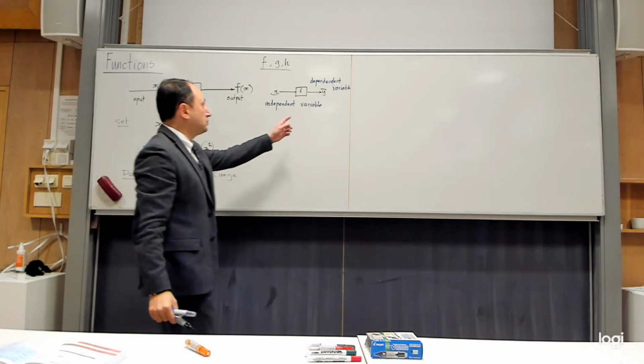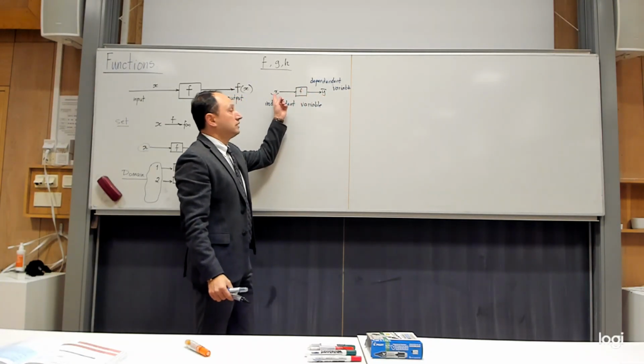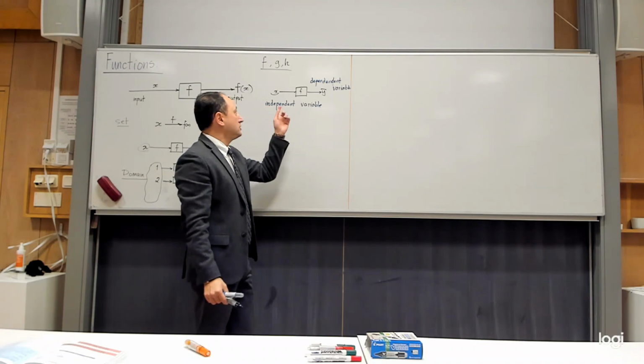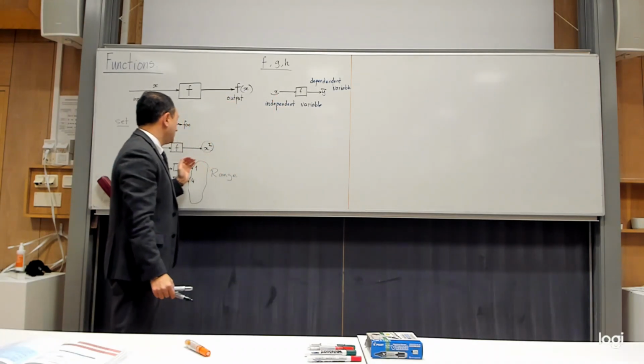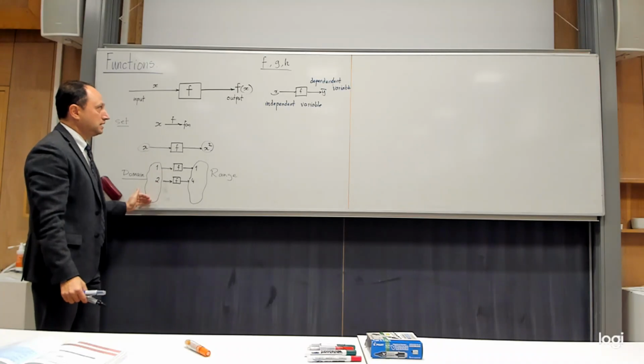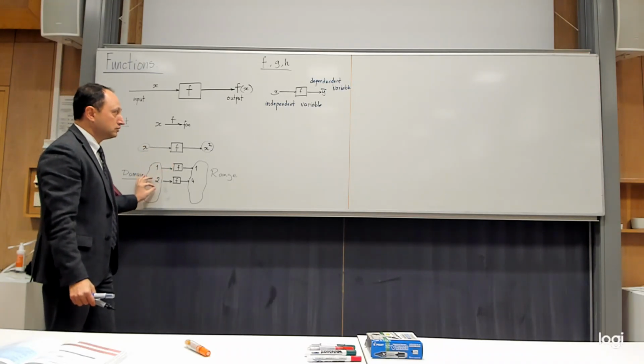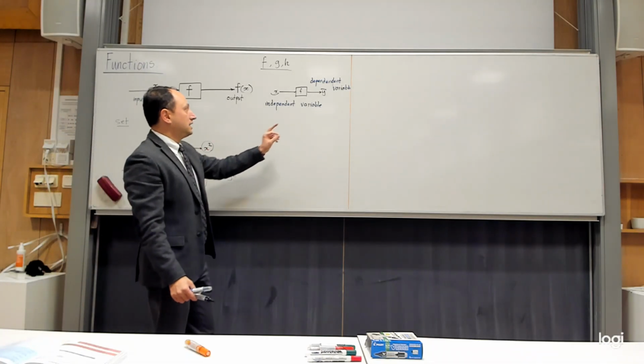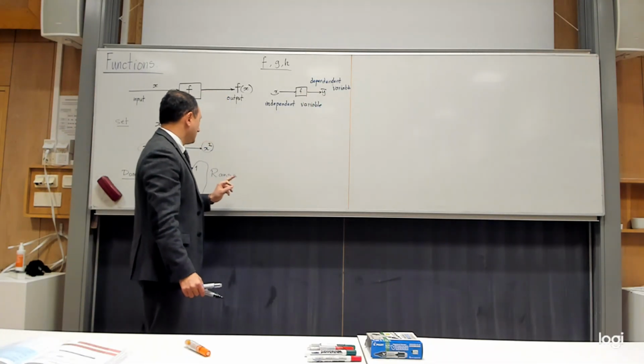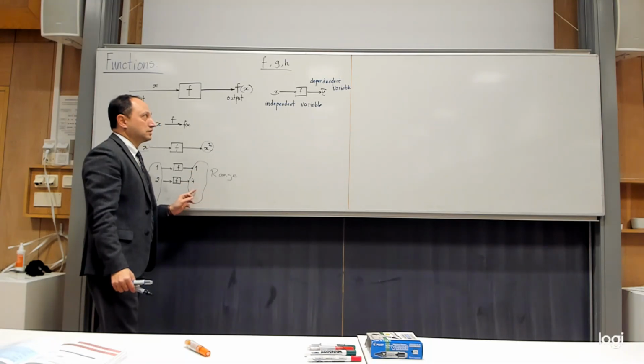But in principle, for the input, you can choose whatever you like from the domain. But as soon as you choose one of these particular values, the output cannot be just any value. It has to obey.